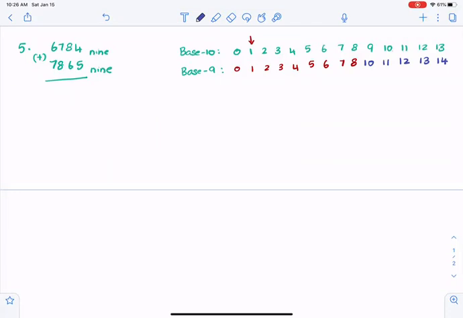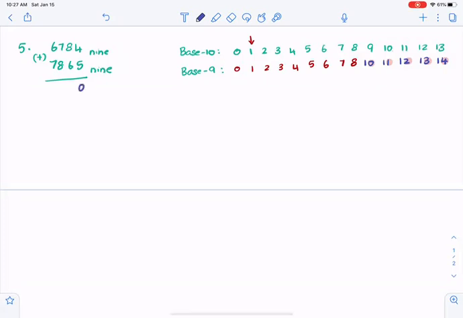Those values are simply coming from the previous numbers that we have in red. So now that we sorted that out, 4 plus 5 is 9. 9 cannot be in the answer. So I look at the table that I created. 9 in base 10 would correspond to 10 in base 9.